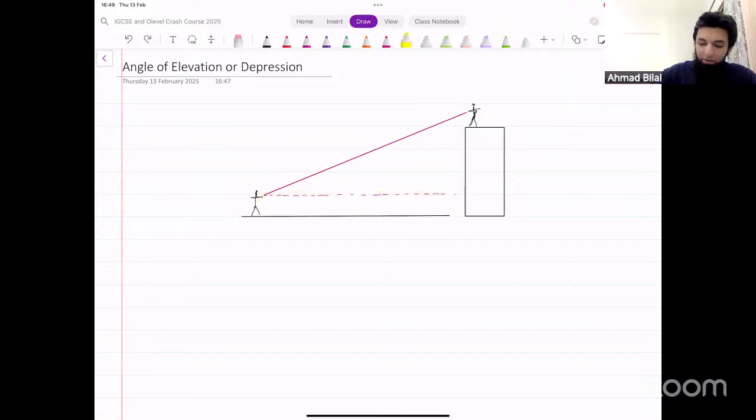So in order to look at the person standing on top of the building, how much above their normal eye level do they have to look? This angle that we have here, let's call this theta. This is known as the angle of elevation.